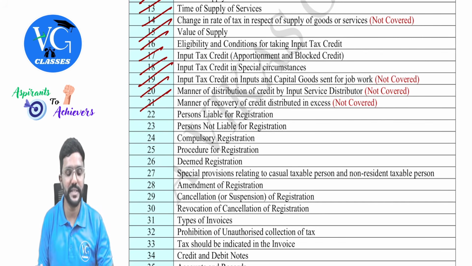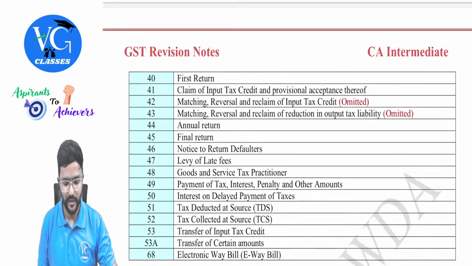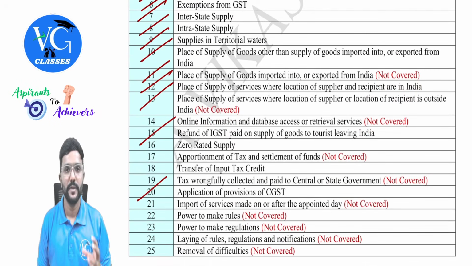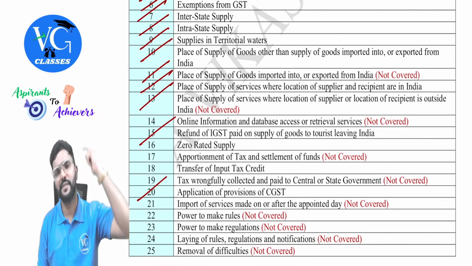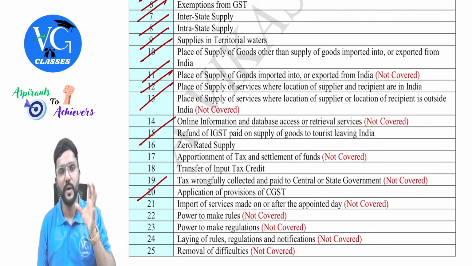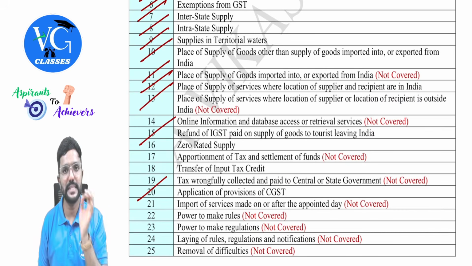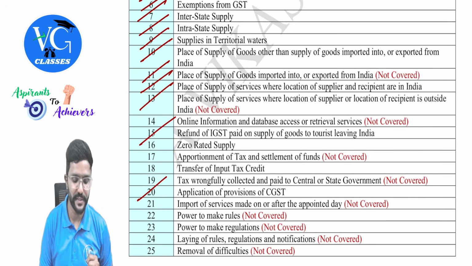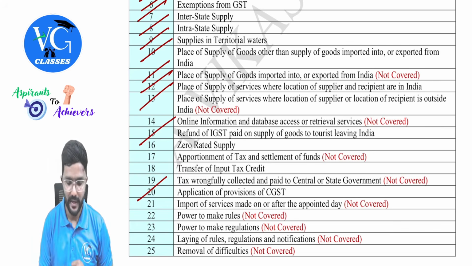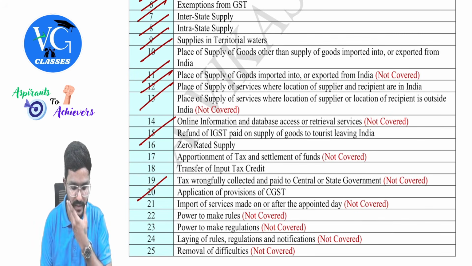And as per section 20 of the IGST Act, with respect to ITC, whatever we are learning from the time of supply topic, all the provisions are covered in the CGST Act, but mutatis mutandis is applicable even under the IGST Act as per section 20, guys. And in this chapter, we also learned about zero rated supply.